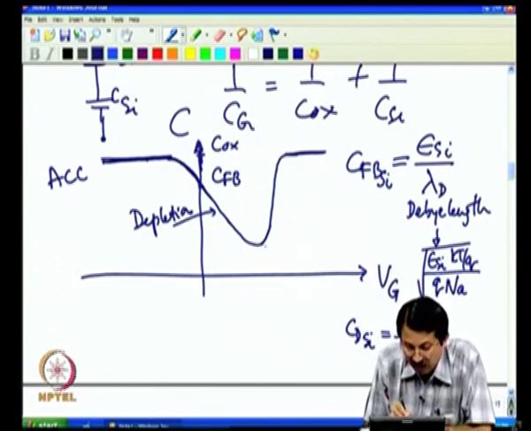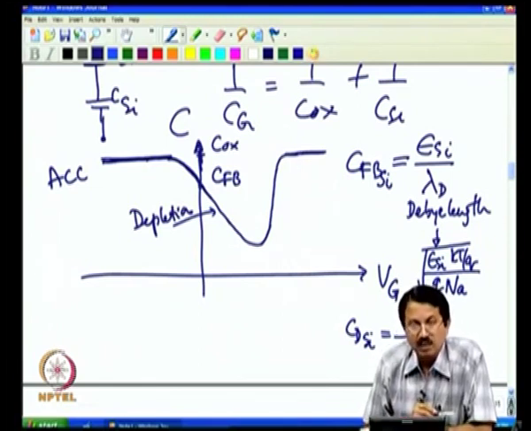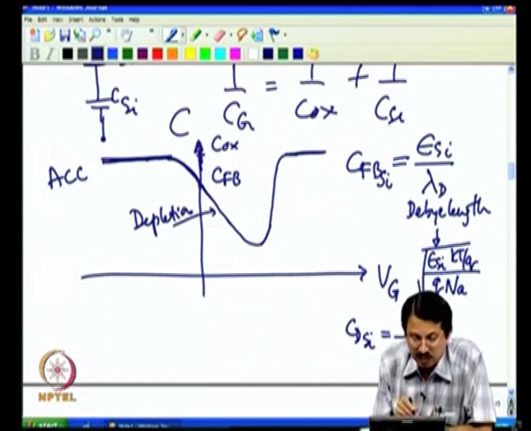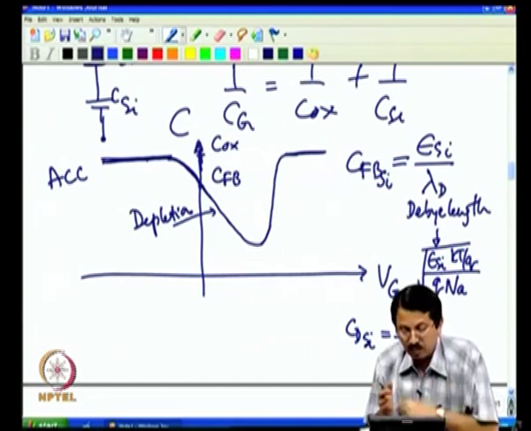You essentially reach the inversion condition somewhere out here, and when you really are in deep inversion, very heavy inversion, you have again gone back to your maximum capacitance. And what is that maximum capacitance? You have Cox as the maximum capacitance. This is what you would expect.